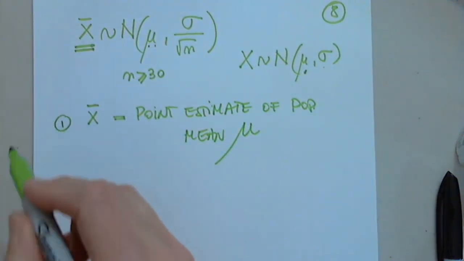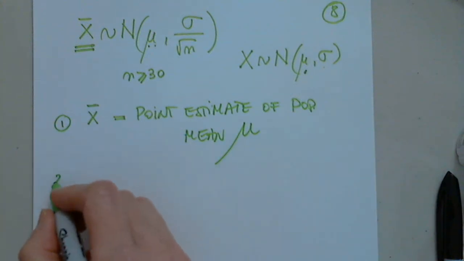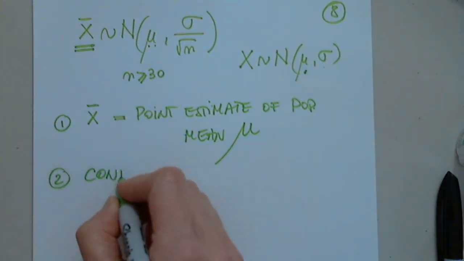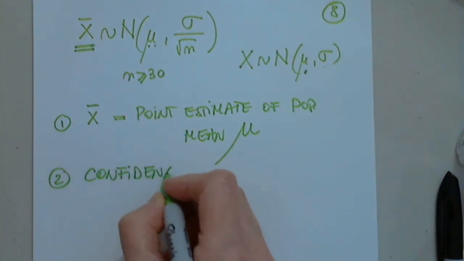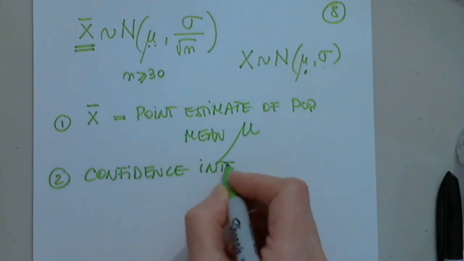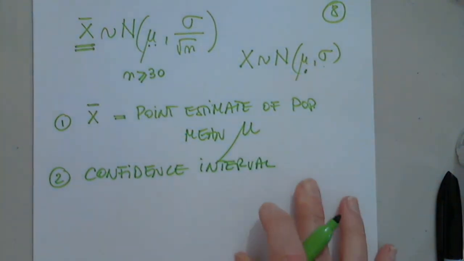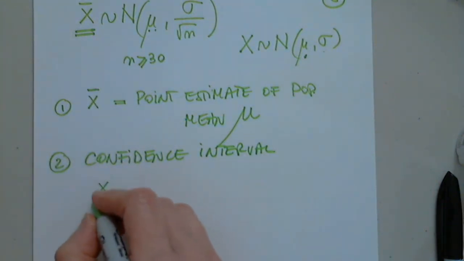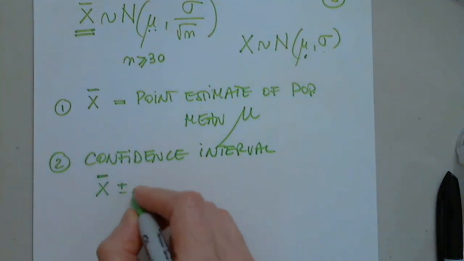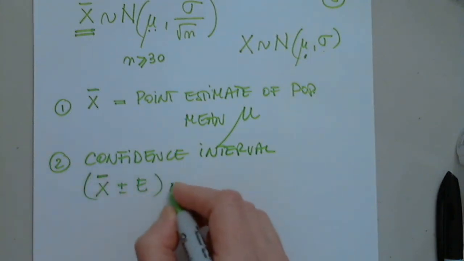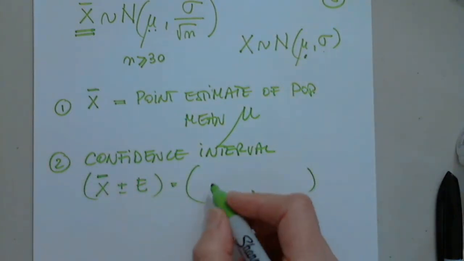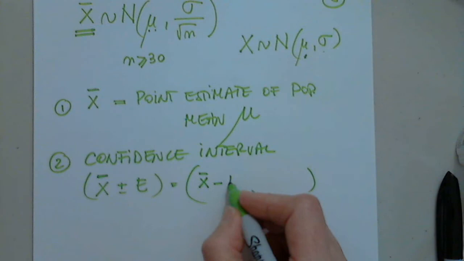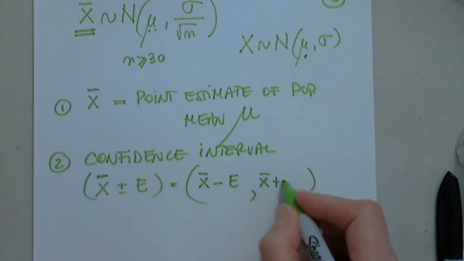And this is the first way of estimating mu. The second way is with a confidence interval, like we did with the proportions. And the confidence interval is exactly the same concept, plus or minus the margin of error. Of course, it's a symmetric interval. So x bar minus the margin of error and x bar plus the margin of error.